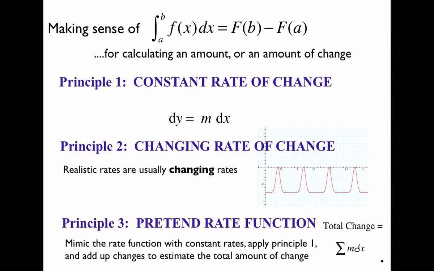Principle 4 is we want to get a better result. How do we get a better result? Because this is just an estimation, right? We've mimicked the function with these constant rates on intervals, but that's not the real original rate function, right? So how can we do better than a pretend rate function?